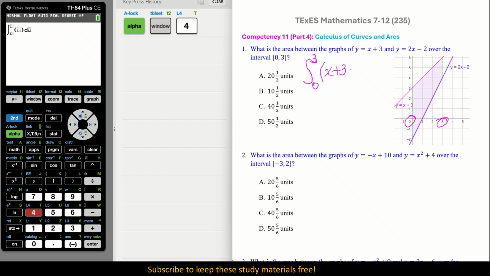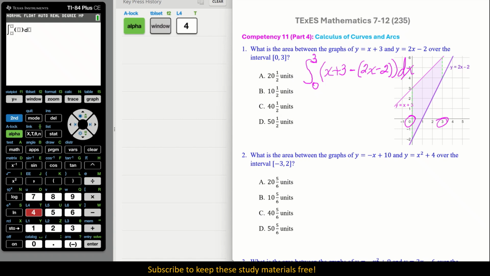Then we'll subtract the entire purple line, which is the lower linear situation. Remember, when you use that subtraction, you need to make sure it's all in parentheses: 2x minus 2. And then, of course, we'll have dx.